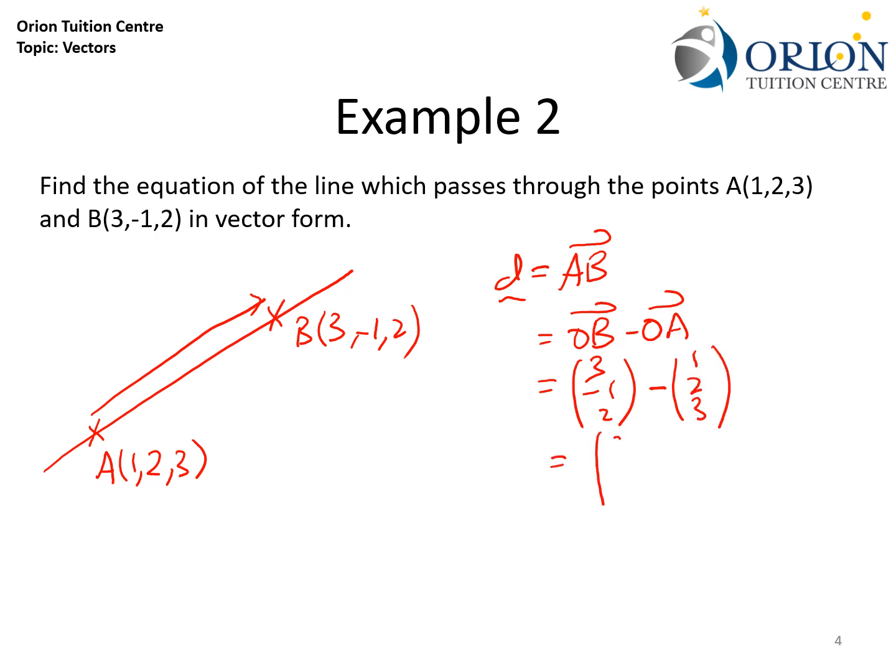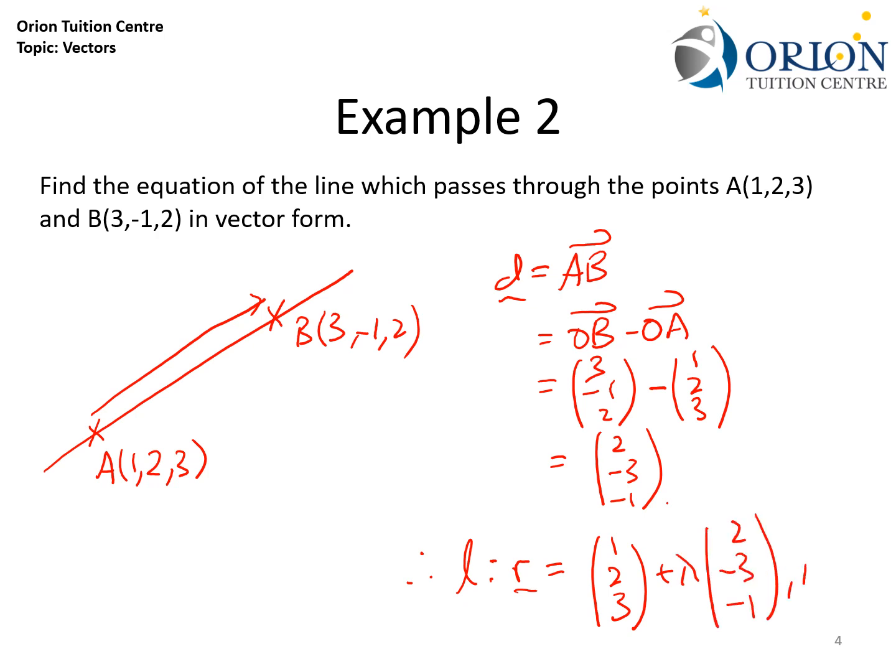And this gives us 2, minus 3, minus 1. Therefore, we can write down the equation of the line as L such that r equals 1, 2, 3 plus lambda times 2, minus 3, minus 1, where lambda is a real number. Of course, instead of using point 1, 2, 3, you can also make use of the point 3, minus 1, 2, since point B also lies on the line.